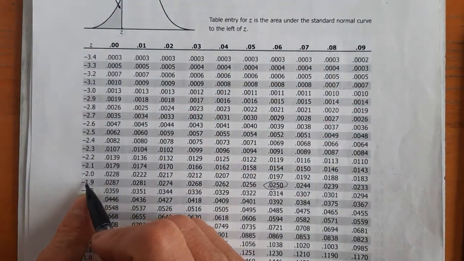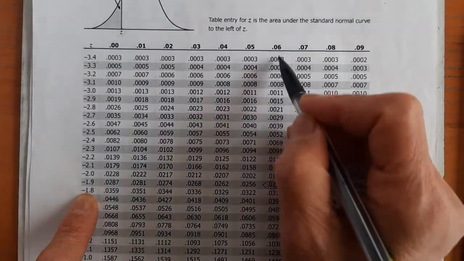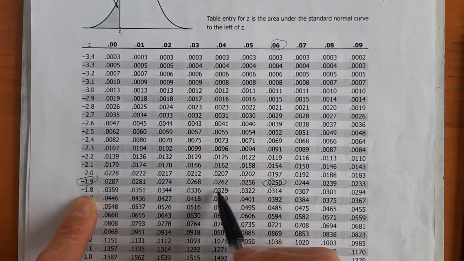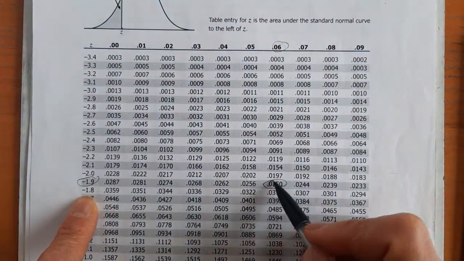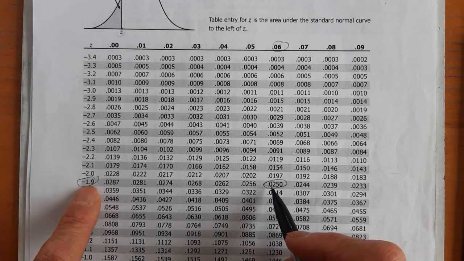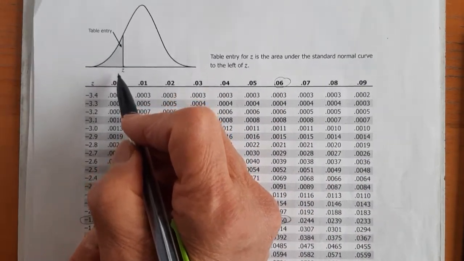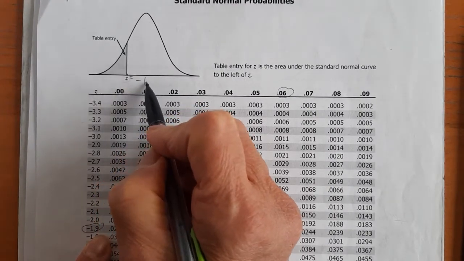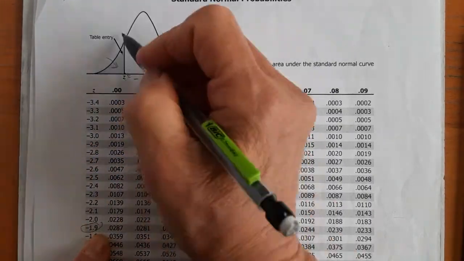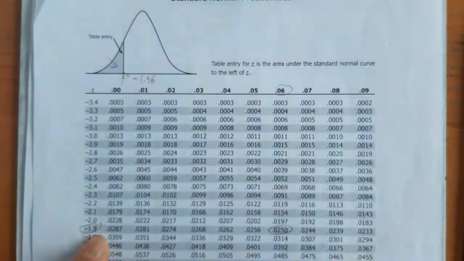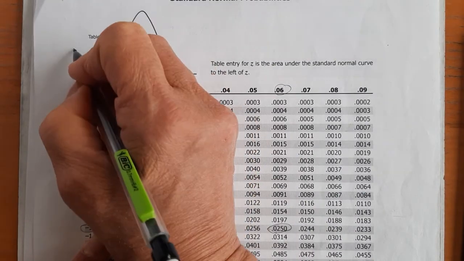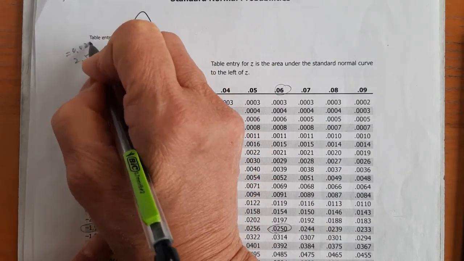That is negative 1.96 here, at the intersection. When z equals negative 1.96, the area to the left is 2.5%, in decimal 0.025.